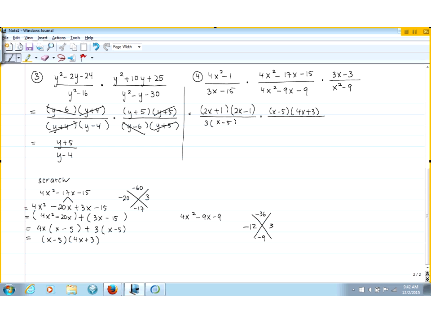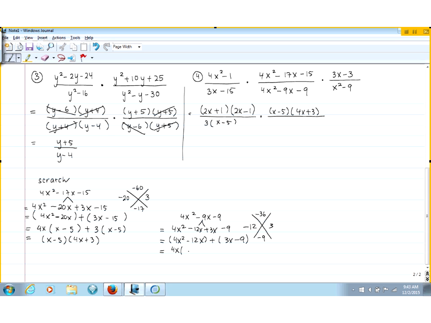So negative 12 and positive 3. Okay. Negative 12x plus 3x. So 4x squared minus 12x plus 3x minus 9.